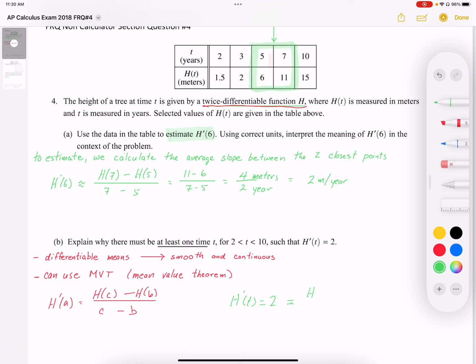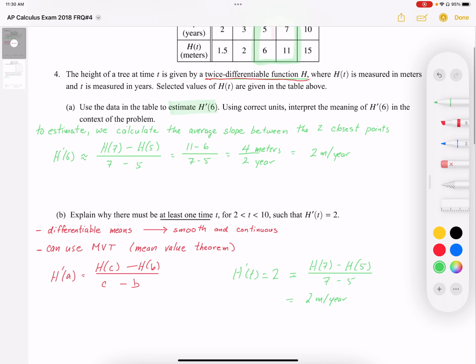So we know that h of 7 minus h of 5 over 7 minus 5, and again, we've calculated that above, is going to be equal to 2 meters per year. And we know that t then must be in the interval between 5 and 7. Okay, so there must be at least one point between 5 and 7 where the instantaneous slope, or the derivative, is equal to 2 meters per year.